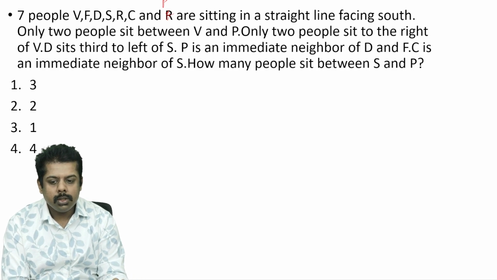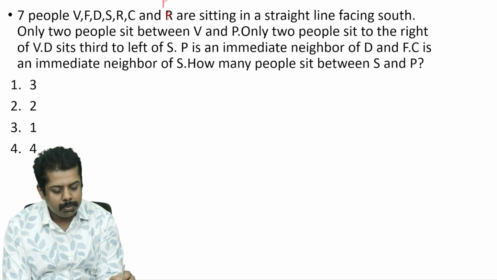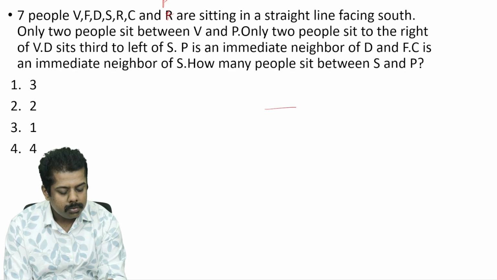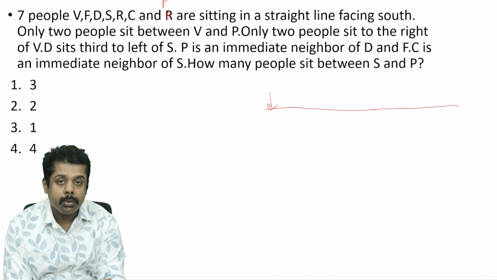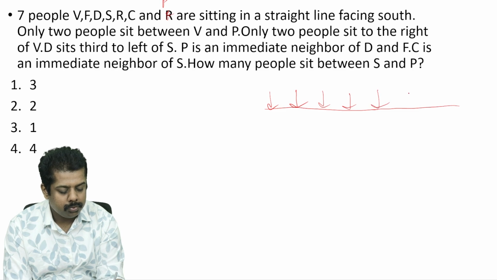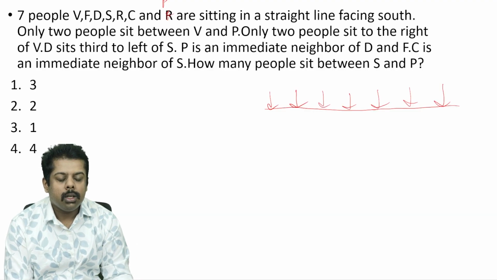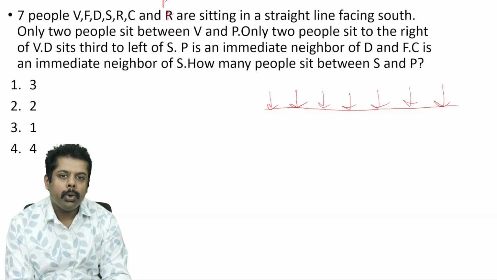So first thing we can do is place a basic diagram, like we did in the last one. So we can just draw a basic diagram here. So we have 7 people: 1, 2, 3, 4, 5, 6, and 7. Now we can try and connect the points that they have given.